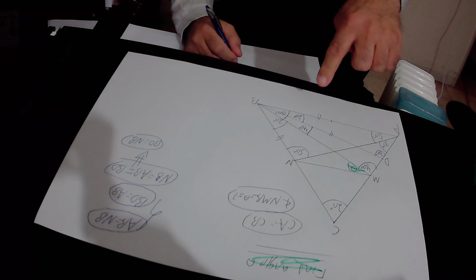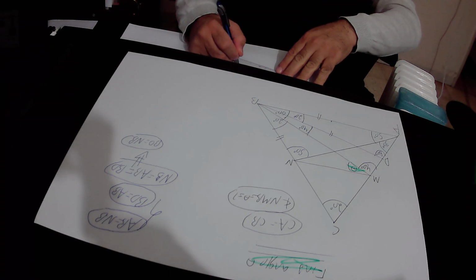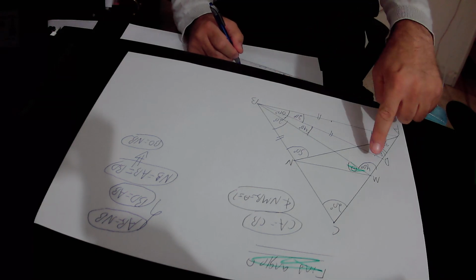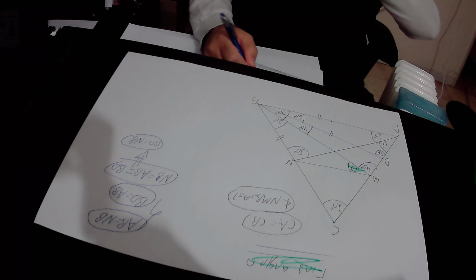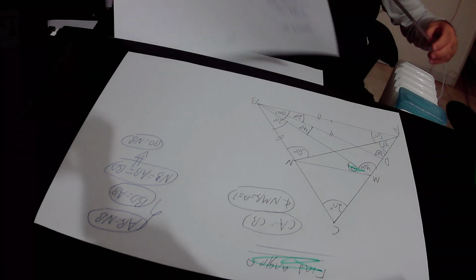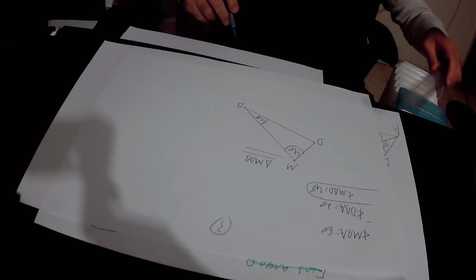We just found out that angle MBD equals 40 degrees, and we have already found out that angle DMB also equals 40 degrees. So this is triangle MDB copied from the original drawing.